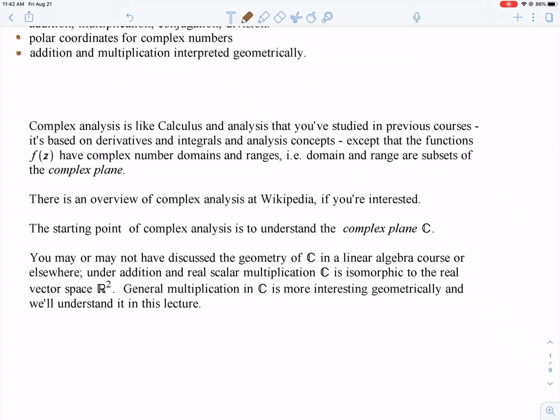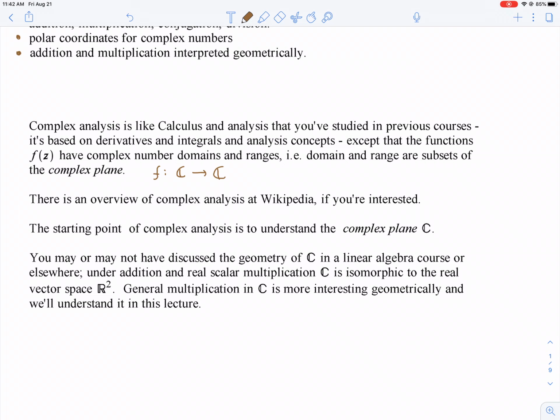The difference between complex analysis and regular calculus is that the functions are functions of complex numbers, and the functions are complex number valued. So we'll be studying functions f from a domain in the complex numbers to a range in the complex plane.